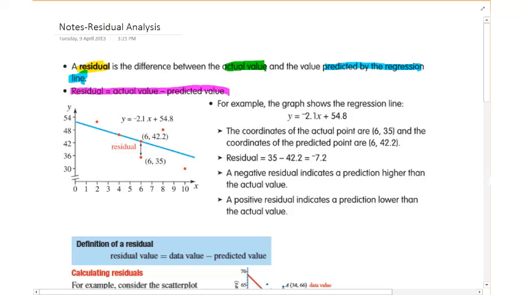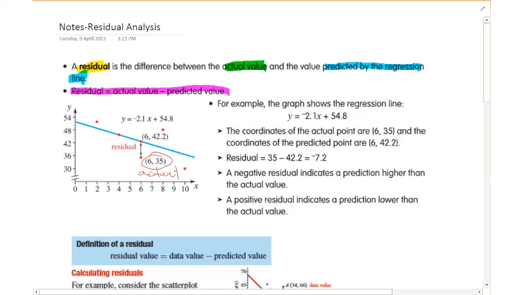Okay, so in this example we've provided here, we've got this regression line, y equals negative 2.1x plus 54.8. Now, the coordinates of the actual point are 6 and 35. So this one here is the actual point.